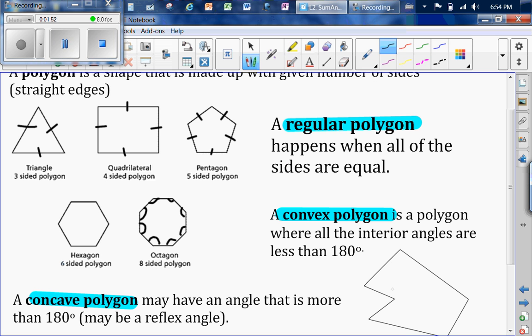So if we look at this, this is less than 180, less than 180, less than 180, less than 180 down here, less than 180 here. However, this angle on the inside is more than 180 degrees. This is 180 right here, and then it's beyond that. So that's your concave polygon.